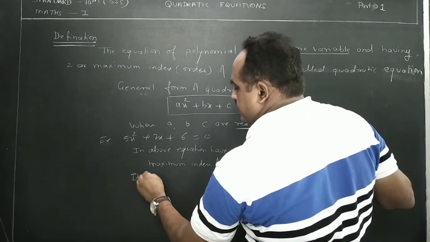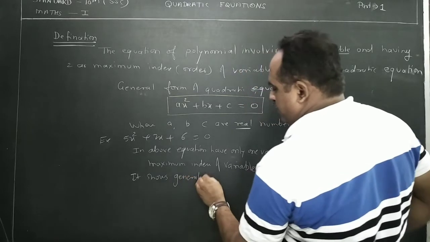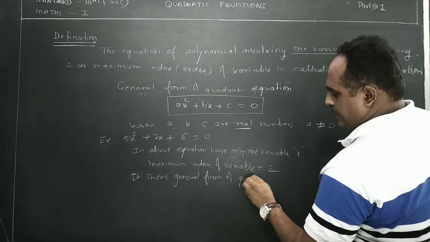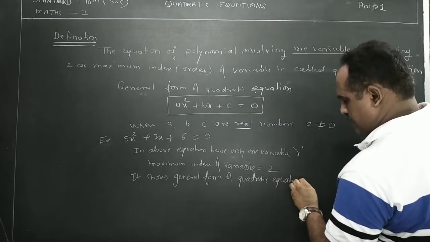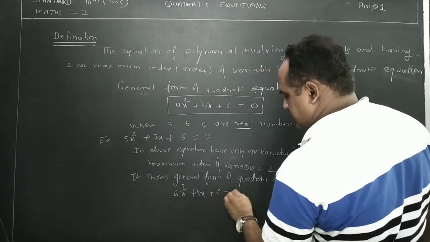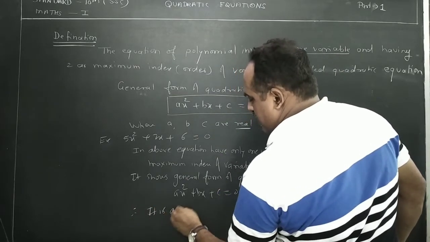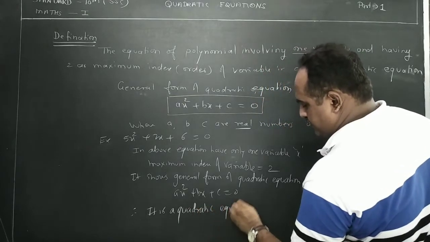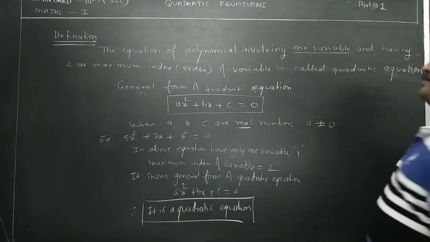It shows general form of quadratic equation, that is ax square plus bx plus c is equal to 0. Therefore, it is a quadratic equation. It is a quadratic equation.